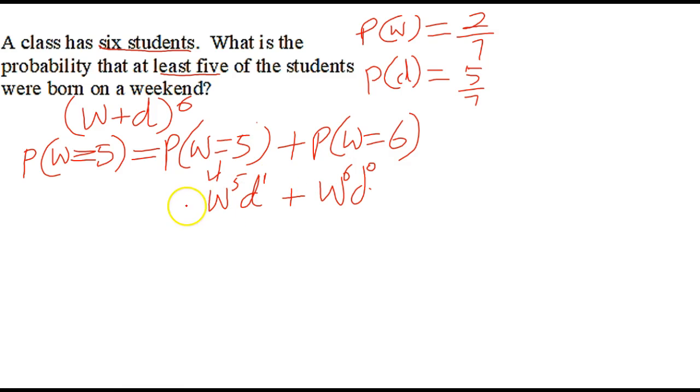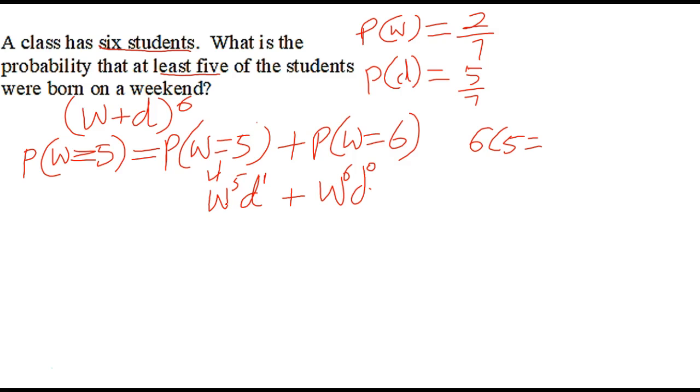So then we need to find the coefficient. Remember from the Pascal triangle, the coefficient that you have to put in front. How many ways can this possibility happen? How many ways can you arrange 5 being born on a weekend and 1 being born on a weekday? Again, you can use Pascal's triangle, but you can also use your calculator. We know that this coefficient you can get by doing 6 choose 5, because you have a total of 6 and you choose 5 that will be born on those days.